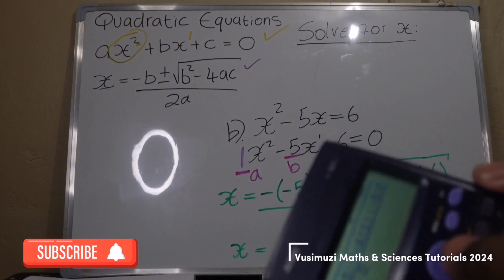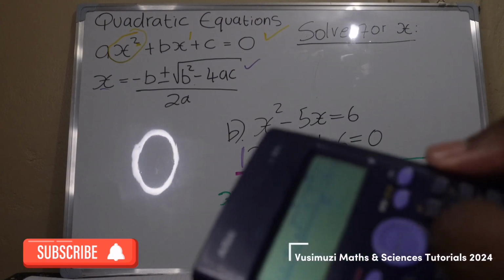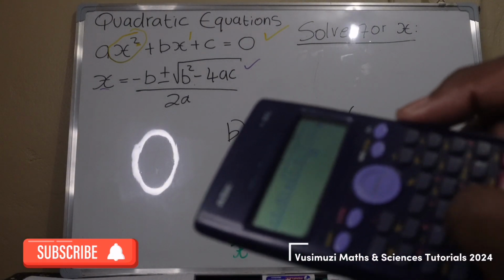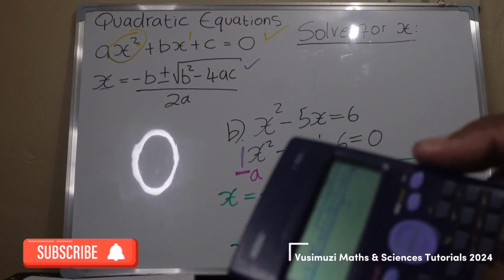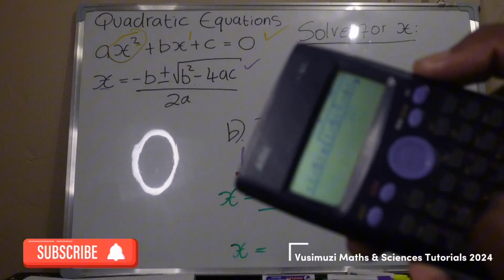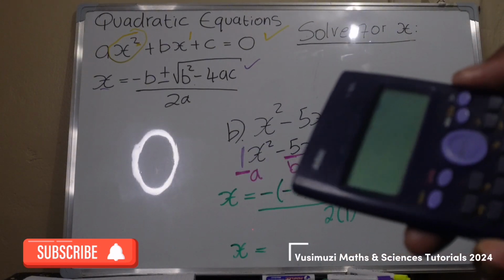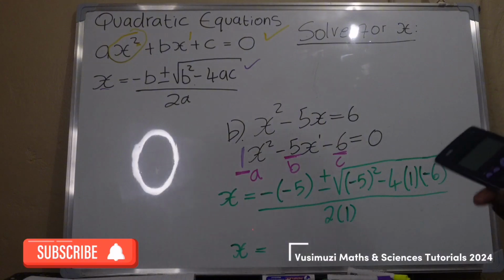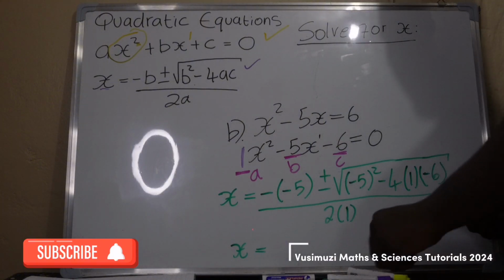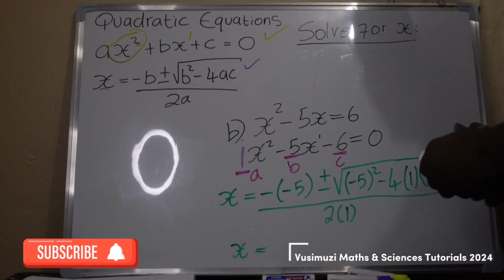Then I go on my denominator. I'm going to have 2, it is compulsory that you must put in 2 times 1. Then our answer there is positive 6.